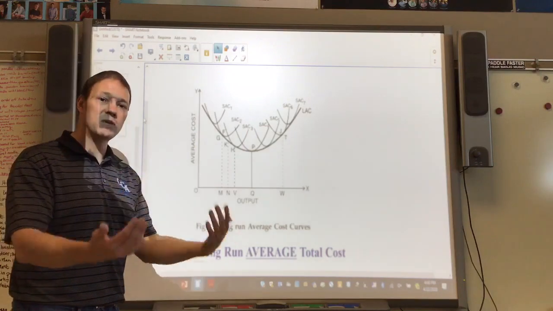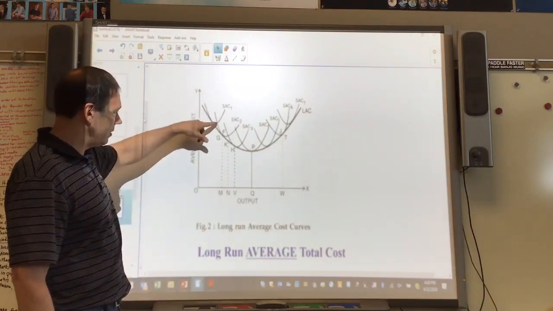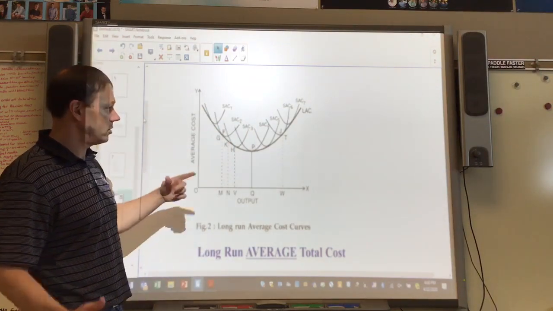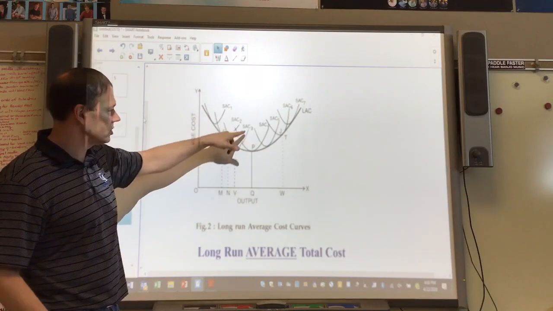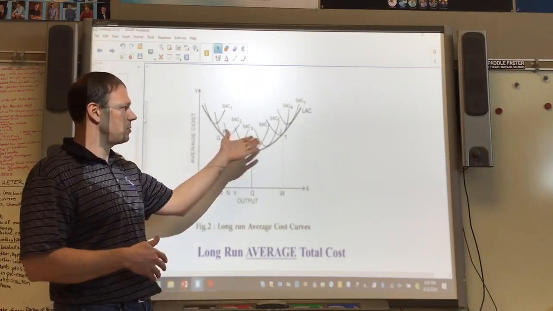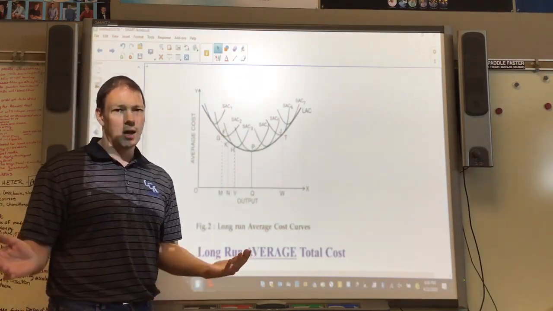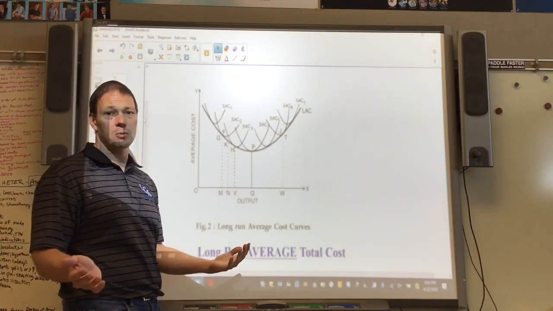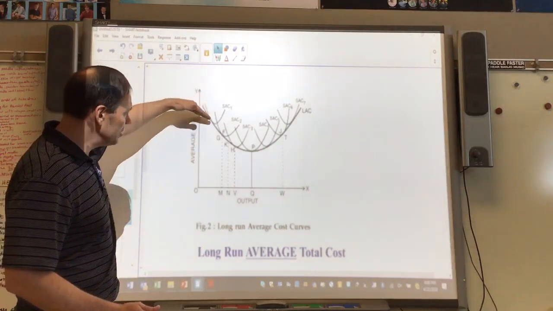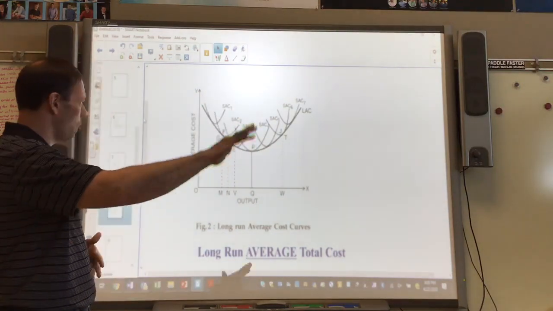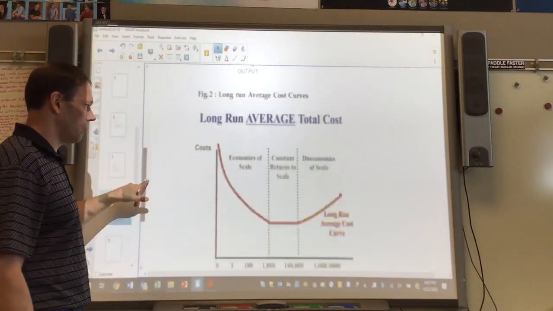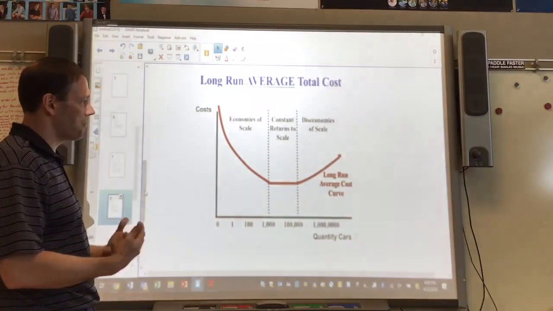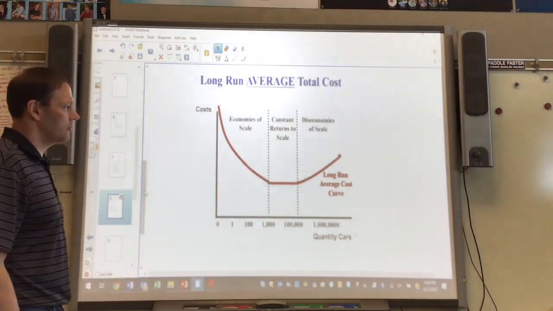If you want to go up to a 1,500 square foot unit, that's going to change your average total cost in the short run. If you go to a 2,000 square foot unit and so forth, this just represents all the various average total cost curves at the different sizes of production that you could possibly produce. We generalize it to show one big, long average total cost curve, but it's really a compilation of a bunch of little short-run average total cost curves.